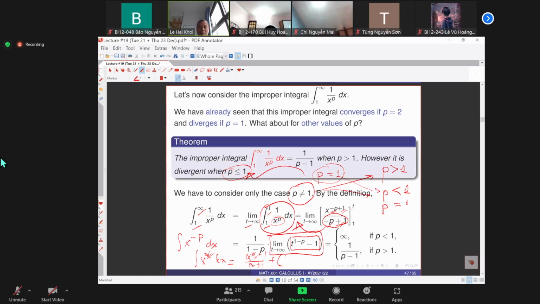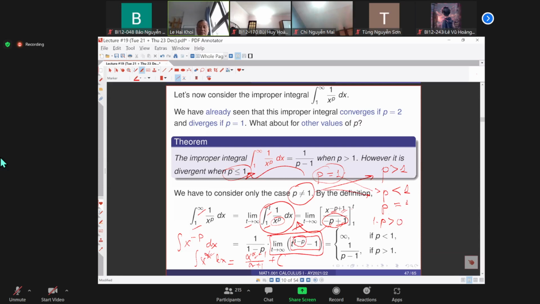If p is less than 1, then 1 minus p is bigger than 0, so t to the 1 minus p tends to infinity as t tends to infinity, right?